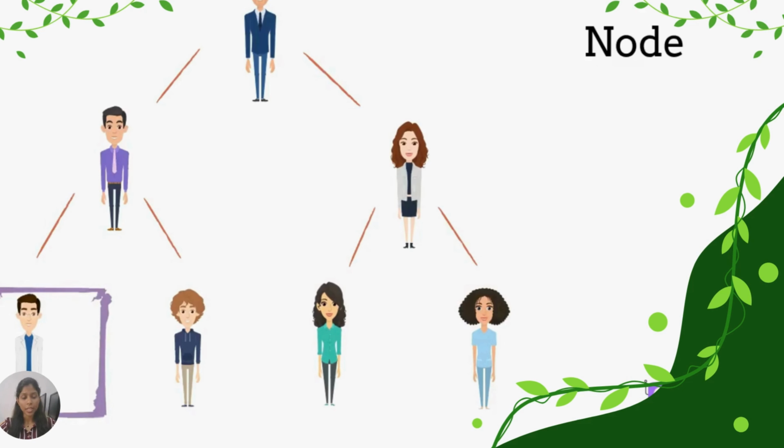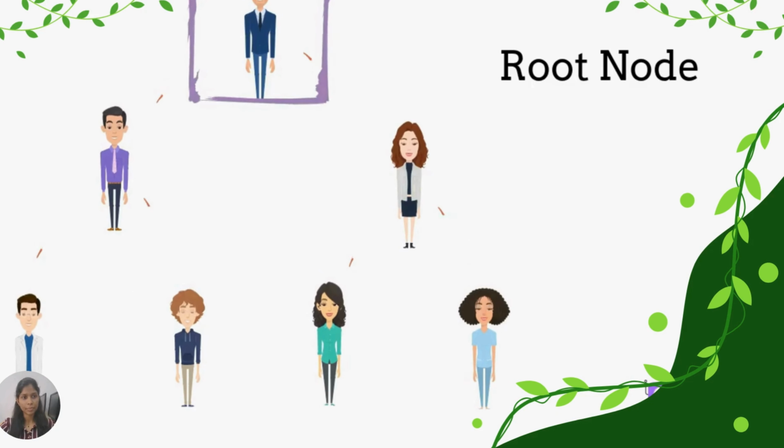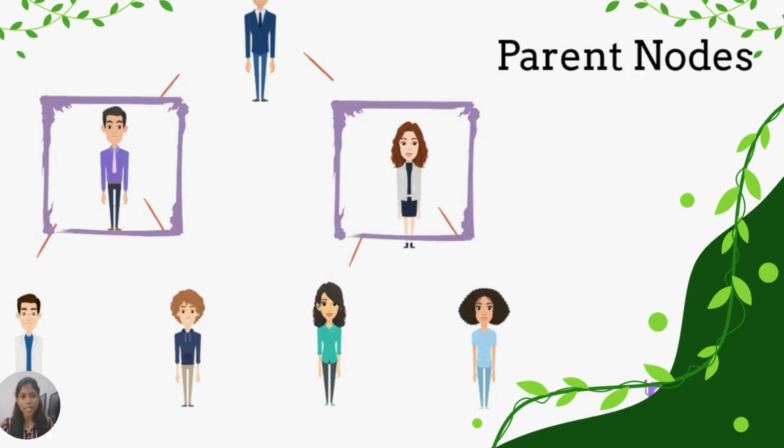And finally, the height of a node is the longest path from that node to any leaf node beneath it. This terminology helps us describe and understand how trees work in a structured and consistent way.